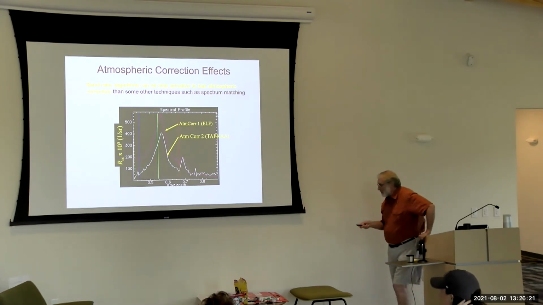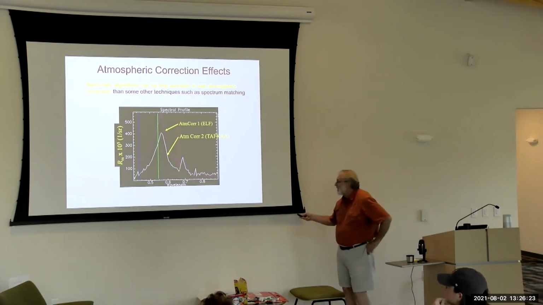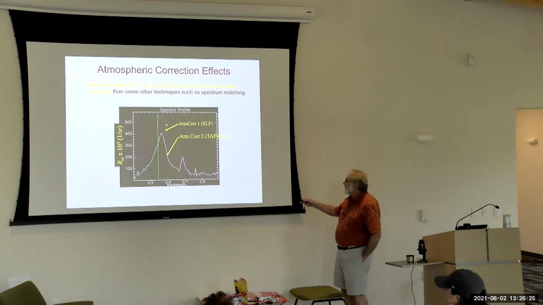Well, when you take a band ratio algorithm, let's say you're looking at 440, and you're looking at the ratio of 440 to 555. The ratio of this number divided by this number may not be much different than this number divided by that number.